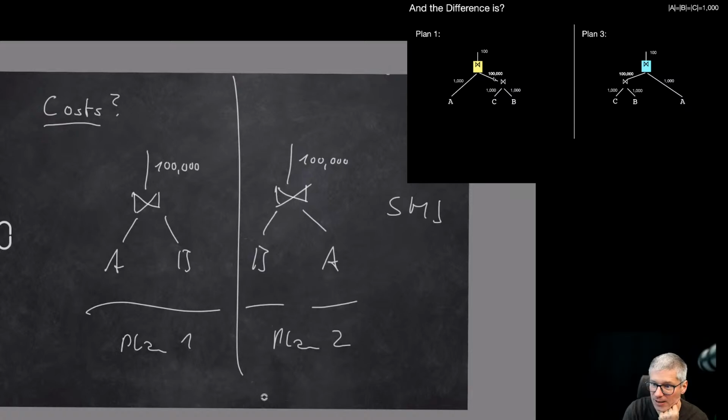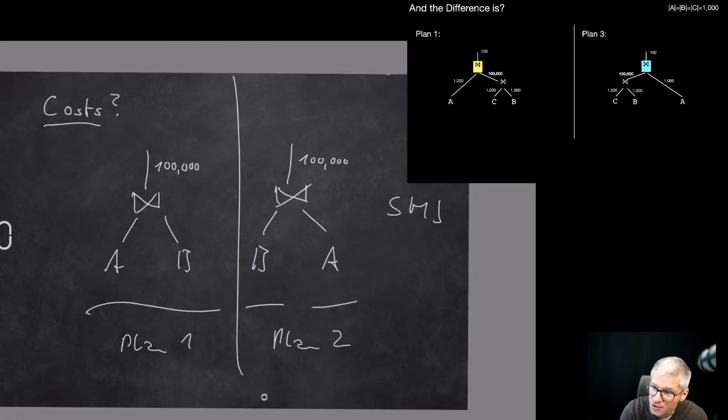Whether I do plan 1 or plan 2 and I use sort merge join to execute the join, will it make a difference? Yes or no? No idea?